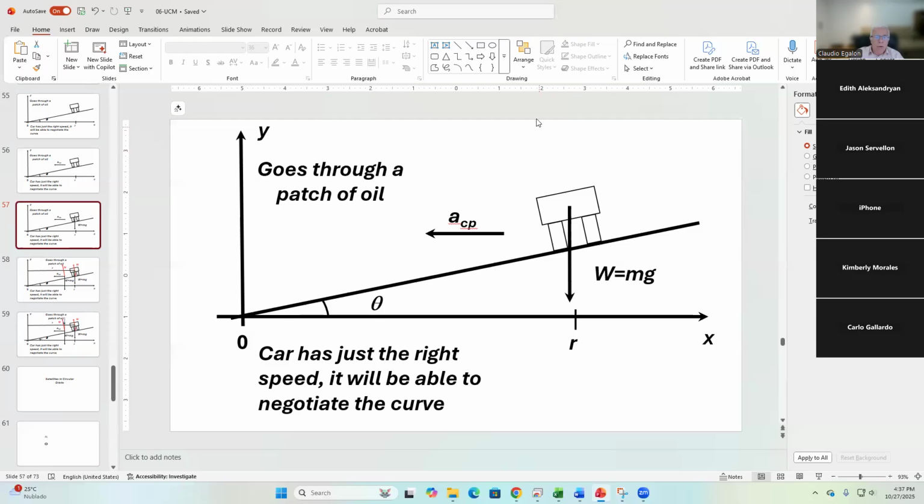And now both the horizontal component of the normal and the horizontal component of the force of friction will act as a centripetal force. We have all those possibilities.